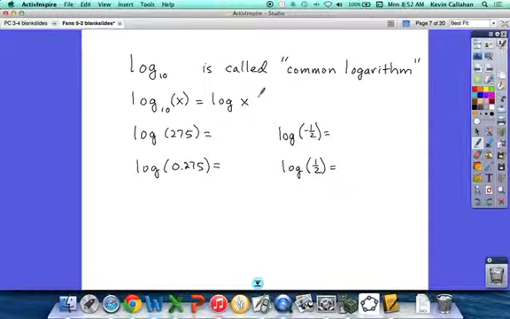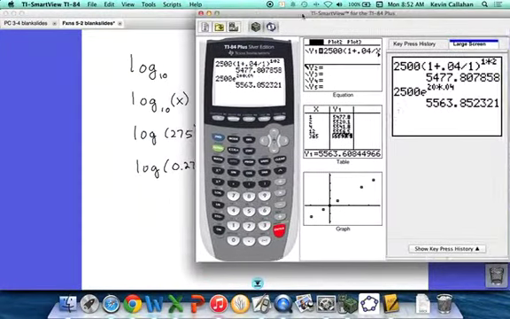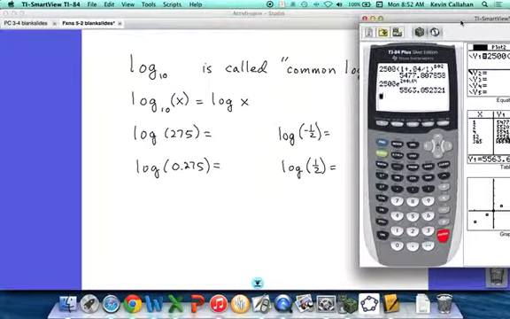There's things that we just assume. So log base 10 usually just looks like log x. Now on your calculator, you have a log base 10 button, which is right here. The one that says log without a base, that's log base 10. So, I mean, it's simple to use.